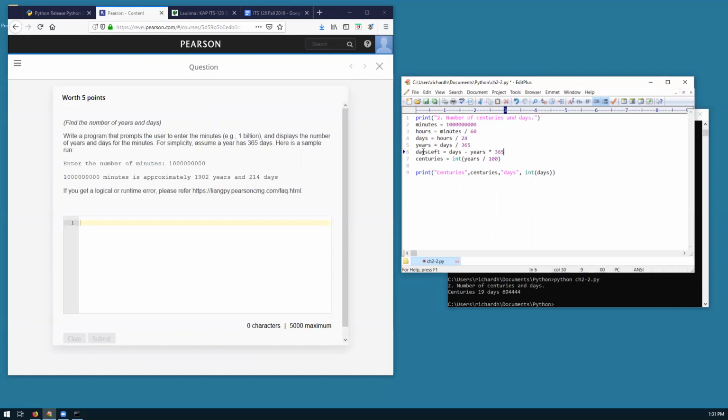See, I want what's left over after I figure out how many years it is. Then I want the number of days left over from years. Actually, I want days left over from centuries, don't I? Yeah, so this is wrong. I want this to be down here.